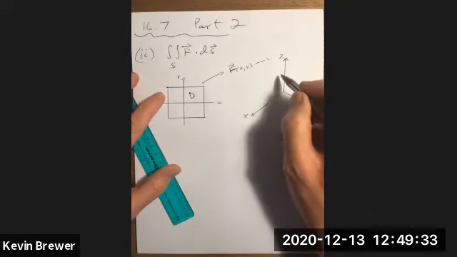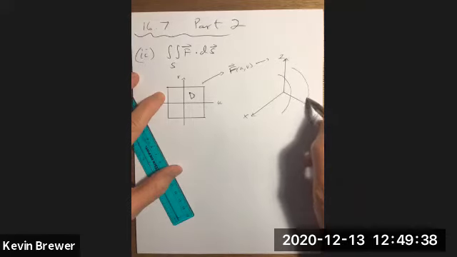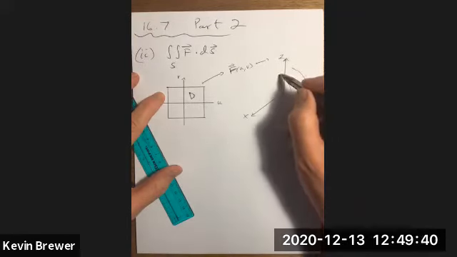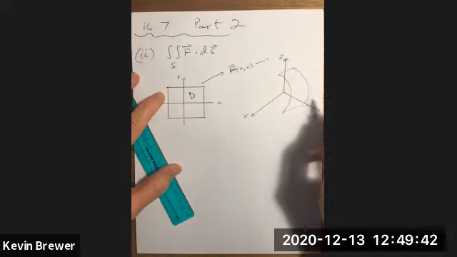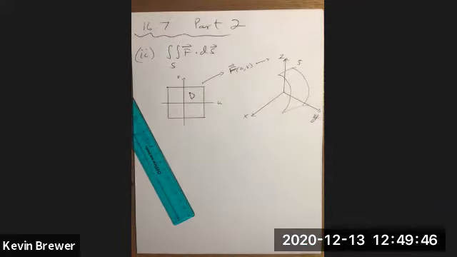And maybe I will again try to draw sort of the same thing I had last time. So this being the surface S, I'll make it a little bit less messy.